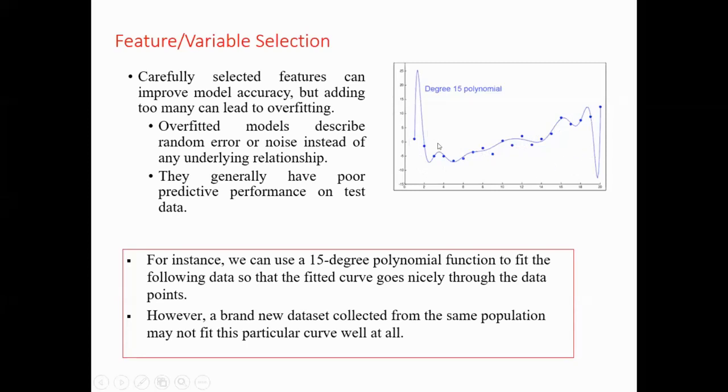This polynomial fits the training data points very nicely. But whenever a new data set is collected from the same population, from the same domain, it may not fit this curve, or it will not lie on the path of this curve. So feature selection and variable selection play an important role.